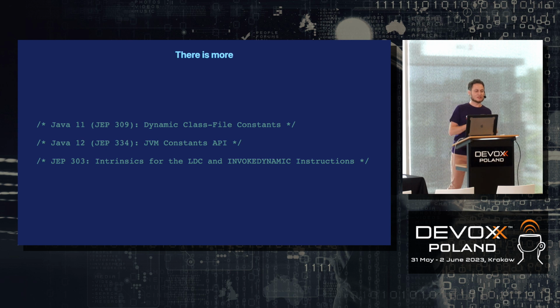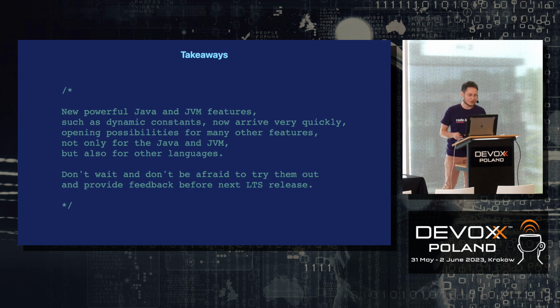Java 11 got dynamic class file constants, Java 12 got the JVM constants API, everything that can be constable. There is a JEP, which is not yet resolved, not even a draft, which provides intrinsics for LDC and invokedynamic instructions so that you would be able to construct them at runtime. You wouldn't need the ASM library for this, and so on.